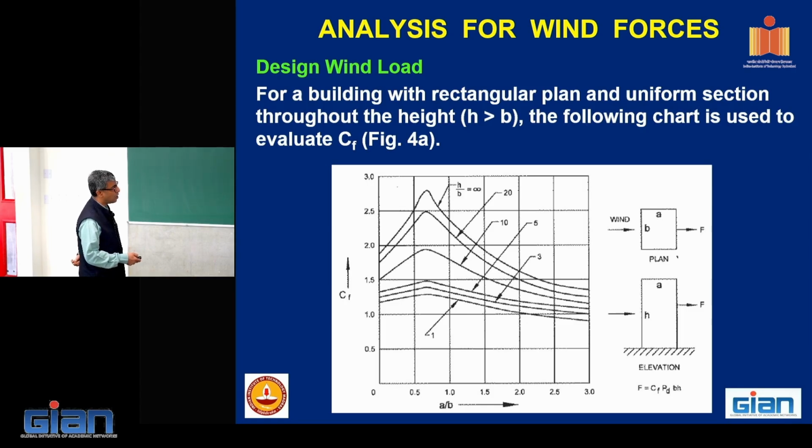Then depending upon the aspect ratios in elevation and in plan, we can get the value of CF. You can understand that depending upon certain geometry, the CF will be low, whereas for certain geometry, the CF can be very high.